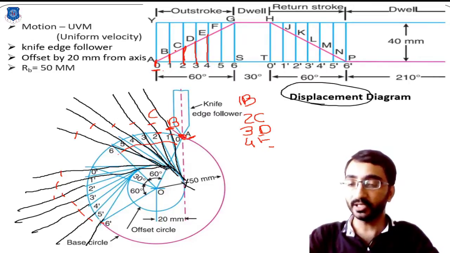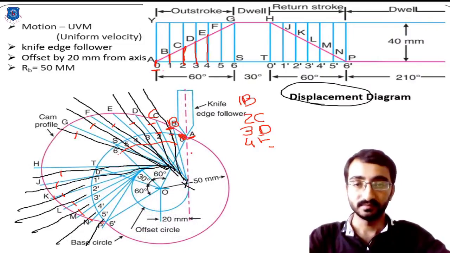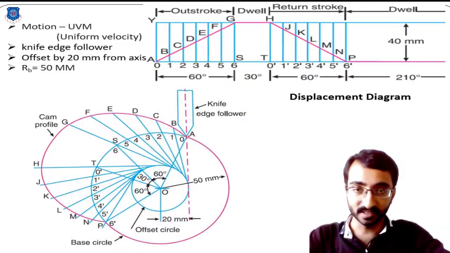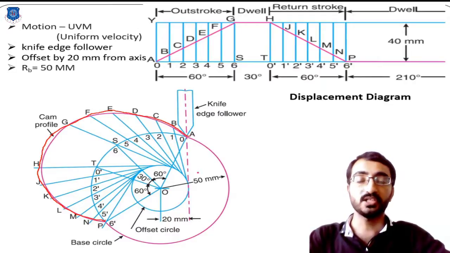Then you need to simply connect these points and that will give you the cam profile. If you sketch it properly, it will give you the cam profile, which represents the motion of the follower during one complete rotation of the cam.